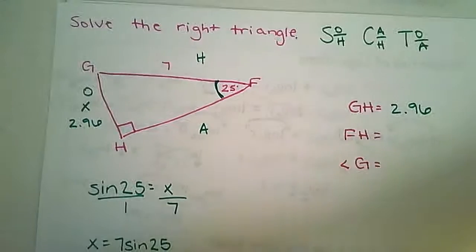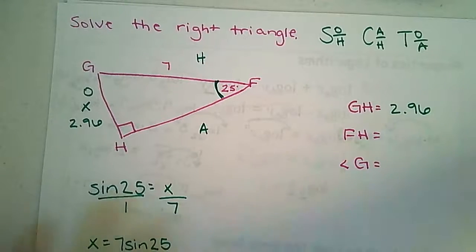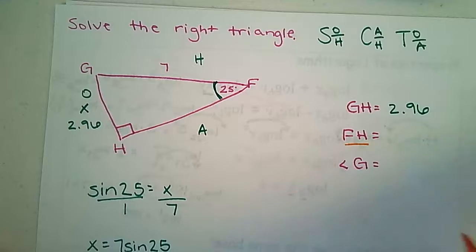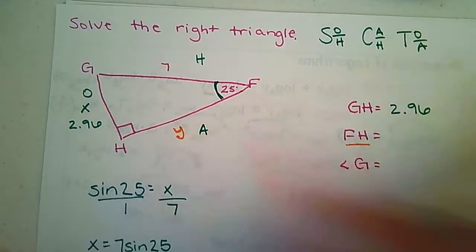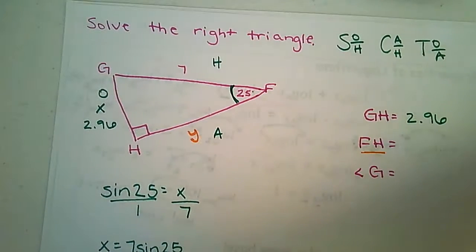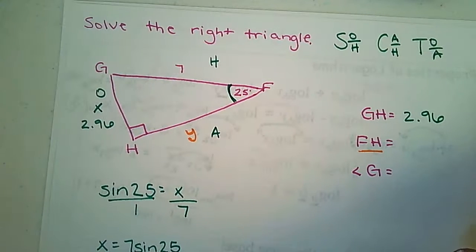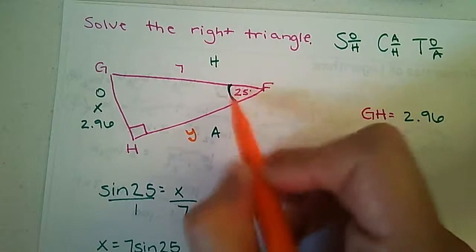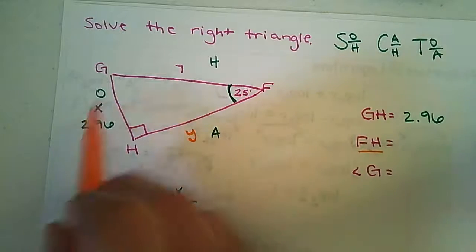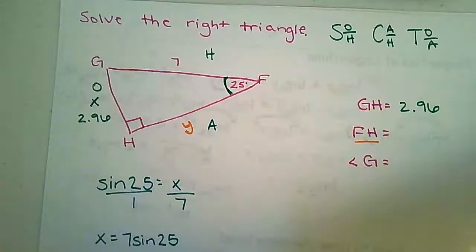All right. So we got one side found. Now let's find the next side. Let's find FH. So this time I'm going to call it Y for my variable because I don't want to use X again. Okay. So same thing. I already have this angle chosen, and I already know what my O, my H, and my A are.